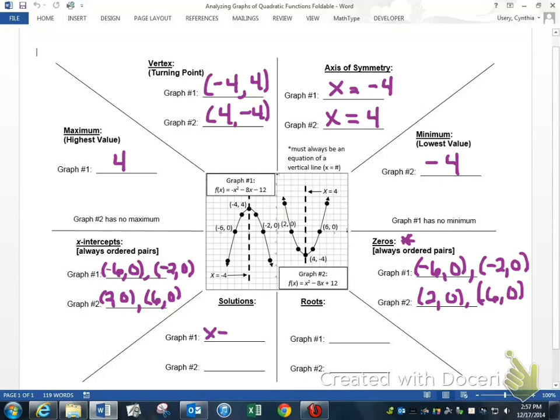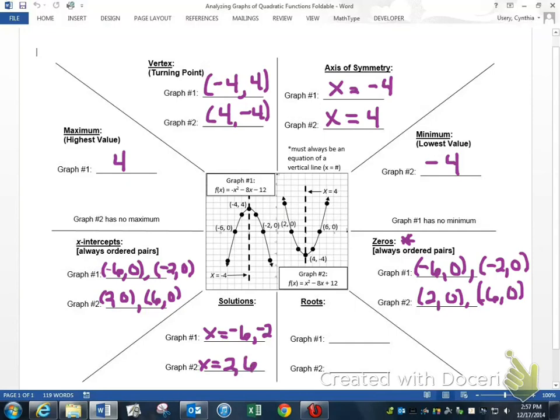So we write x equals, and there might be 2 solutions, 1 solution, or no solution. On graph number 1, your solutions are where it touches the x-axis. That would be at -6 and -2. You do not write ordered pairs for solutions. It's just what x equals when y is 0. On graph number 2, your solutions are x equals 2 and 6.